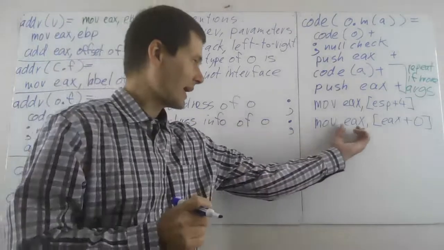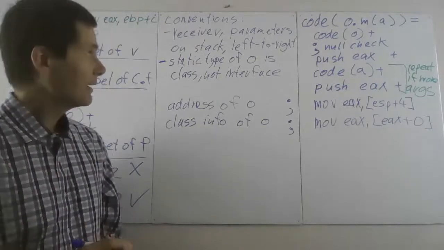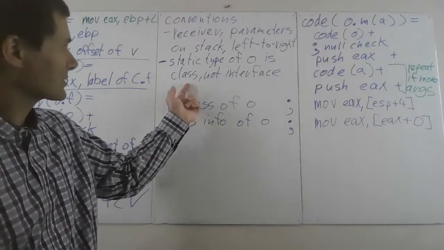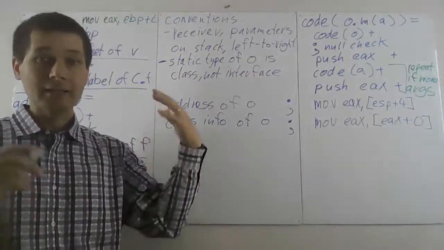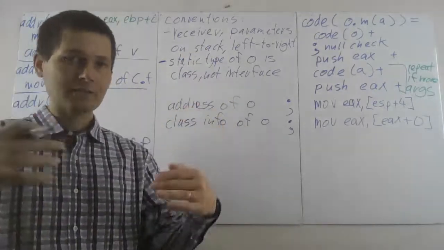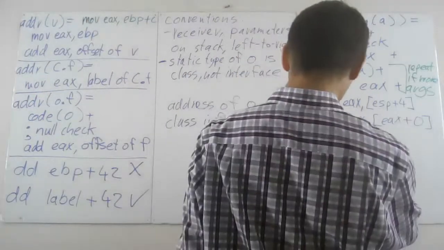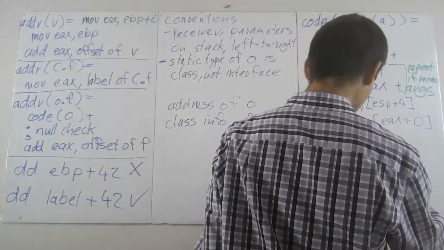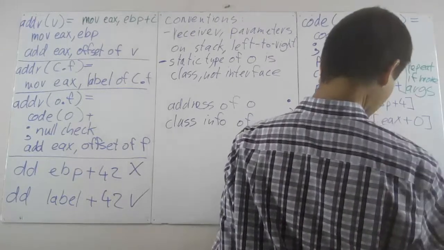Now I have the address of the class info of O in register EAX, and since the static type is a class, for each method in that class I have a compile-time constant offset at which I find it in the class information. So here I'm going to do another move. Yes, they're all move instructions, but I'm doing different things.